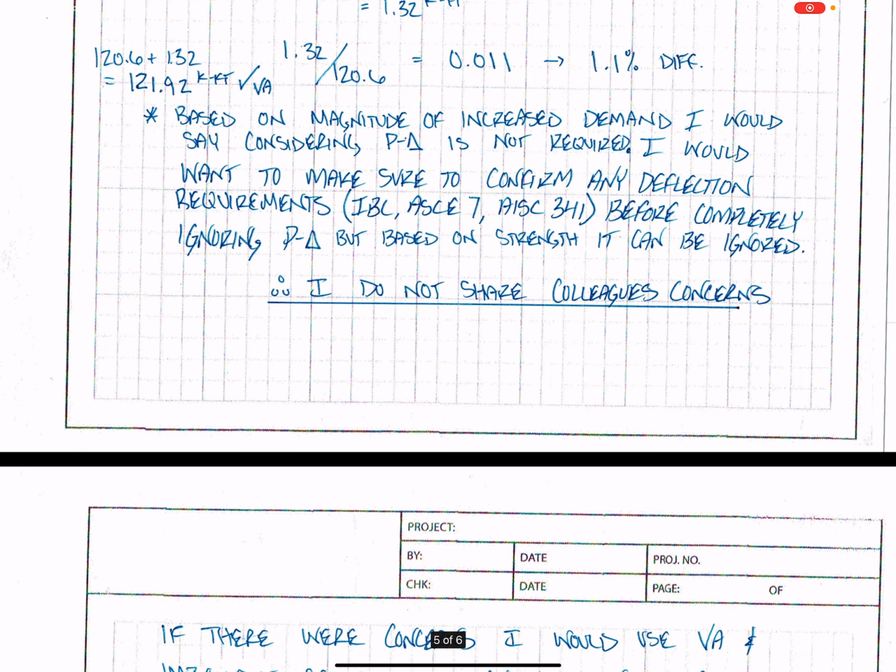Also in AISC 341, story drifts, all sorts of other things, right? So just relating it back to strength in some scenarios might not necessarily deem it inapplicable. It does increase the demand by 1.1%, okay?